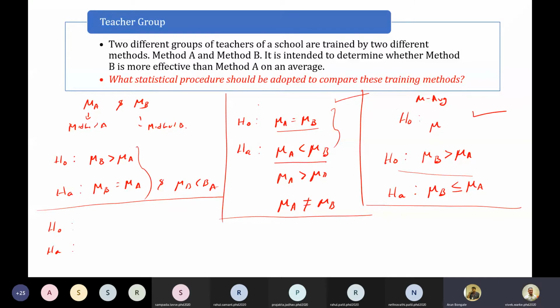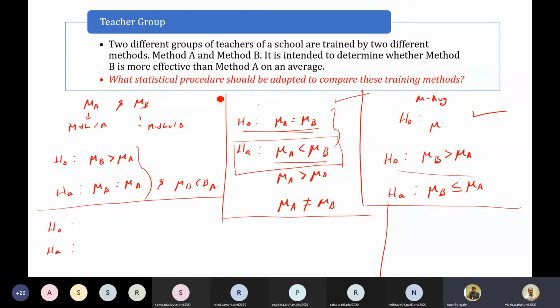So always we prefer to state the null hypothesis with an equality sign, like this. But the actual statement we are checking is in alignment with the alternate hypothesis.